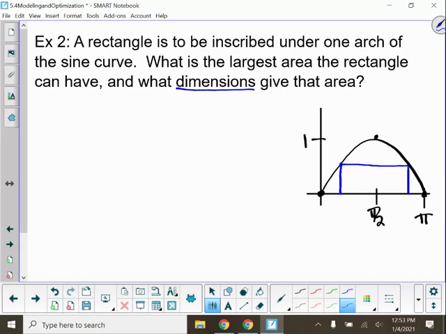We cannot put numbers to this. We do need to use some type of expression in order to come up with whatever the dimensions are. We are trying to find the largest area, which means I am going to be multiplying the length and the width together and taking a derivative.